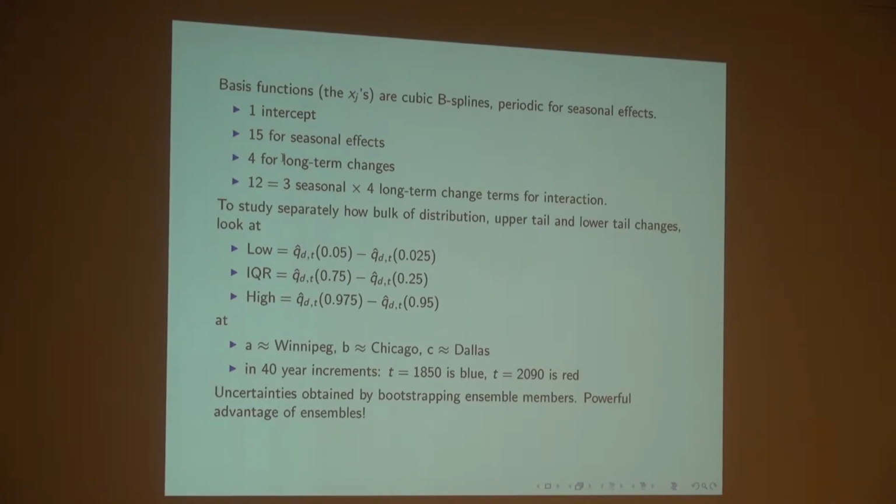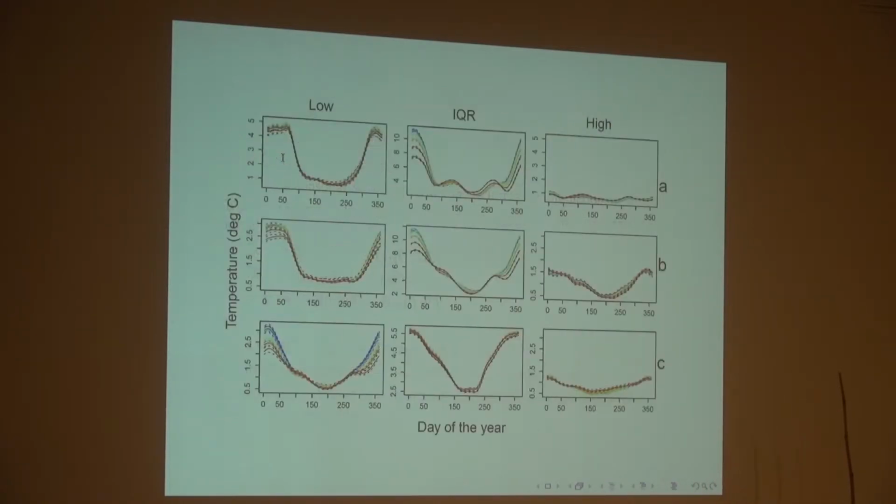But if we're willing to assume that the different members of our ensemble are independent of each other because of the sensitivity to initial conditions of climate models, then we can get away with just assuming those are independent and don't have to model any of the dependence within any of the ensemble members, and we can get valid uncertainties. So the uncertainties I'm going to show you are based on that.